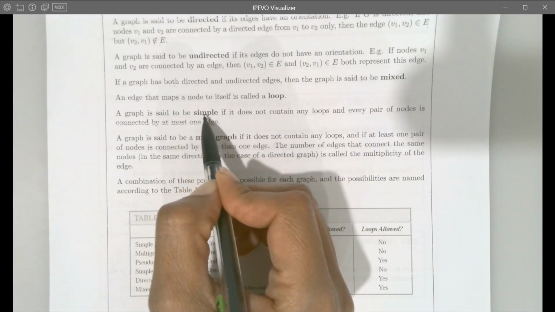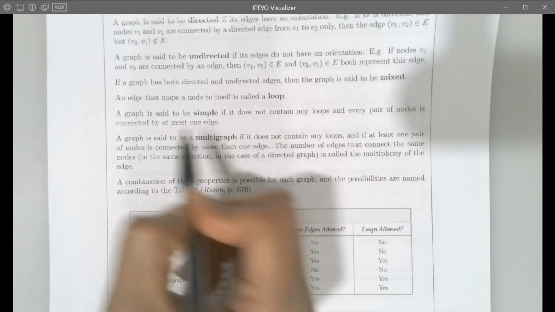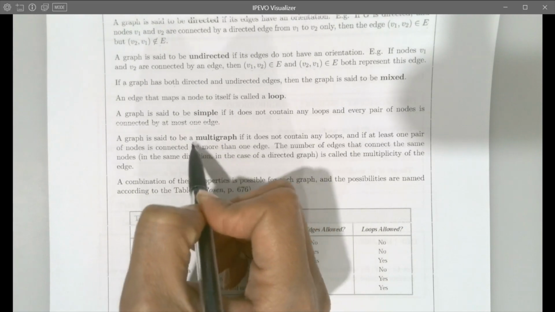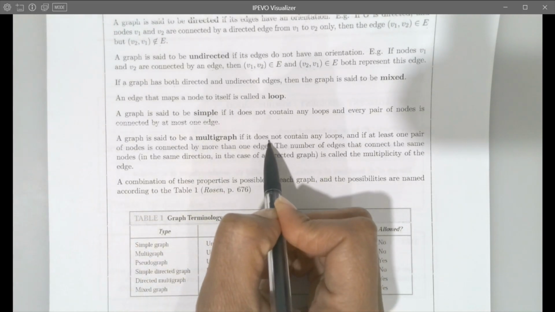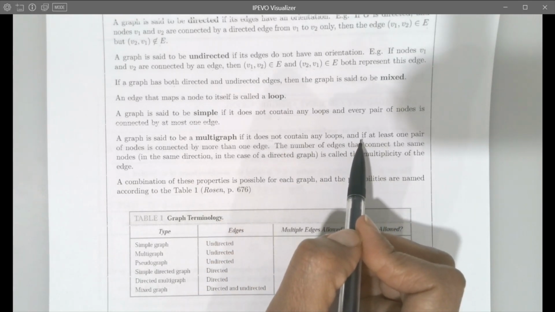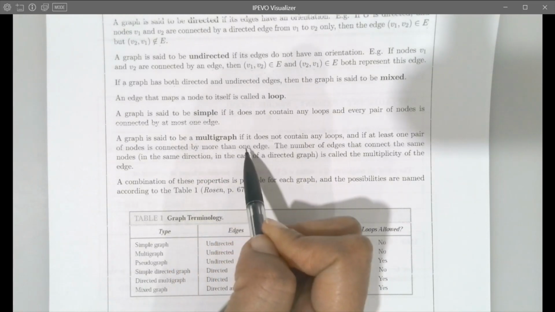A graph is said to be simple if it does not contain any loops, and if every pair of nodes is connected by at most one edge. That's in contrast to a multigraph. For a multigraph, we still don't allow any loops, but we might have one or more pairs that are connected by more than one edge.